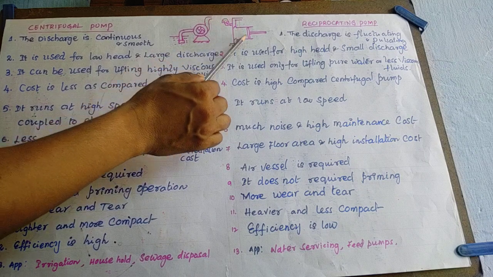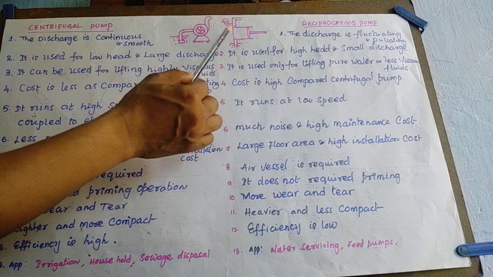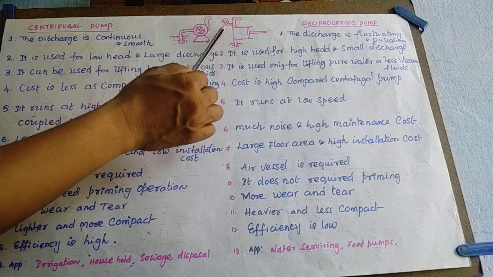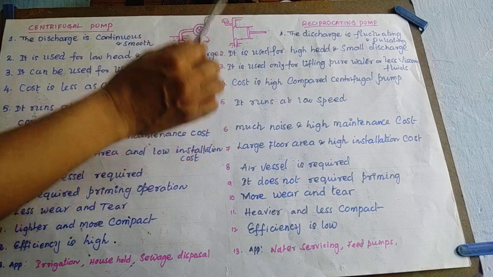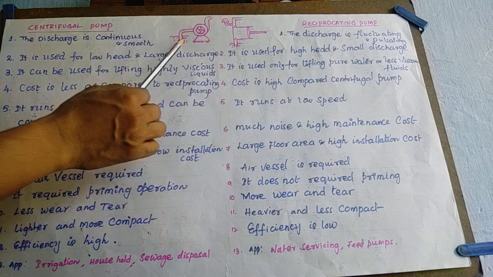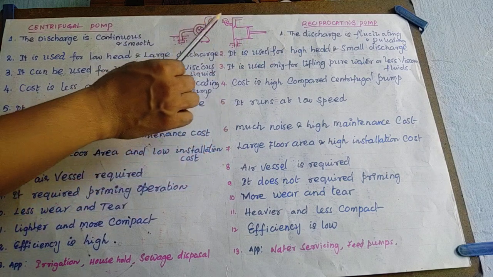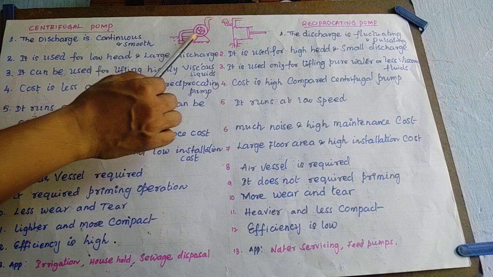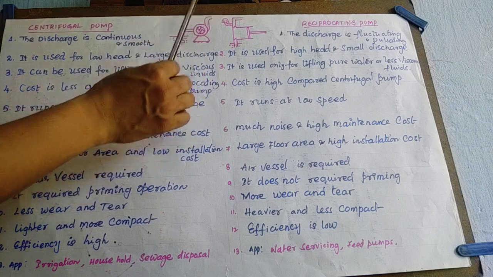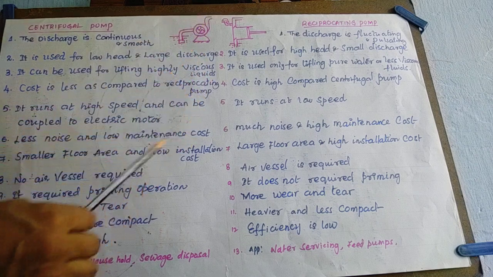These are discontinuous flows. In order to make continuous flows, air vessels are installed in the reciprocating pump, but here there is no need for air vessels, because it already supplies the water continuously.